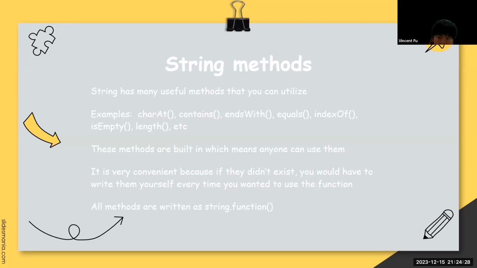But with these built-in functions, I can just call upon one of them without having to actually write the method myself. And as always, all of these methods are used as the name of your string and then dot function, like the name of the function with parentheses.